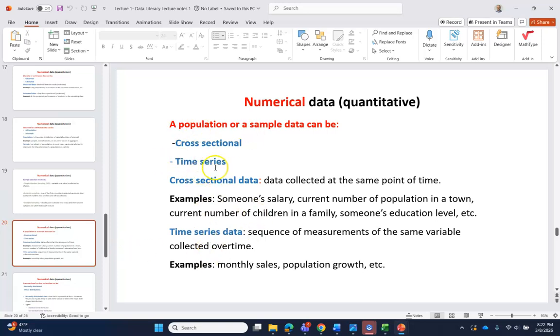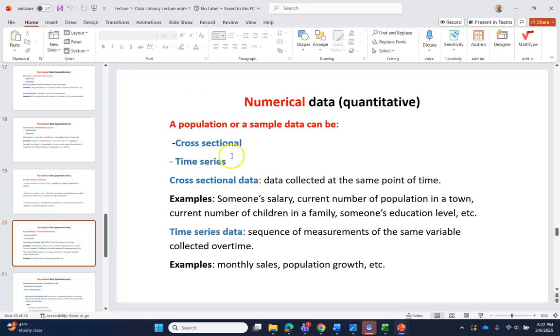And in this case, we can look at the monthly data or yearly data and so forth. So you can see it involves a number of time. It is data which is collected over a period of time, but the cross-sectional data is one-time data.